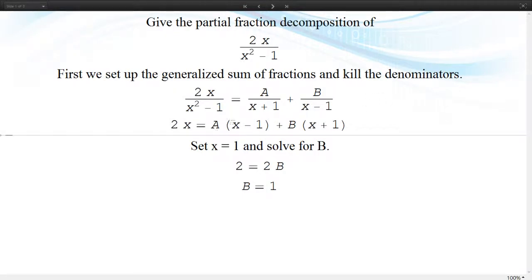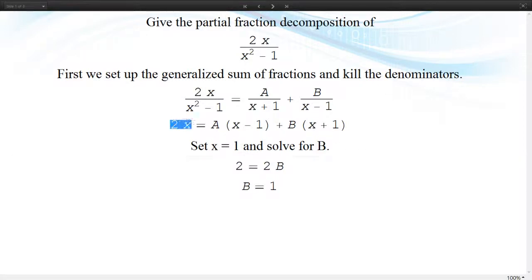And we can see that if we plug in particular values for x, we can kill off several variables at once. If we pick x as 1, then x minus 1 is 0, which means that the a drops out too because a times 0 is 0. So we're going to set x equal to 1 and solve for b.